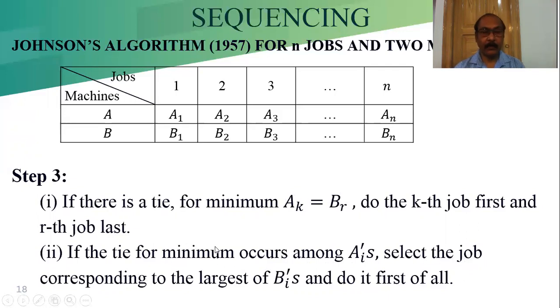If the tie for the minimum occurrence is among the As, select the job corresponding to the largest of the Bs. If B is the largest, then it should go first. At the same time, if A's is the minimum value and B's is the greatest value, then it should go first.